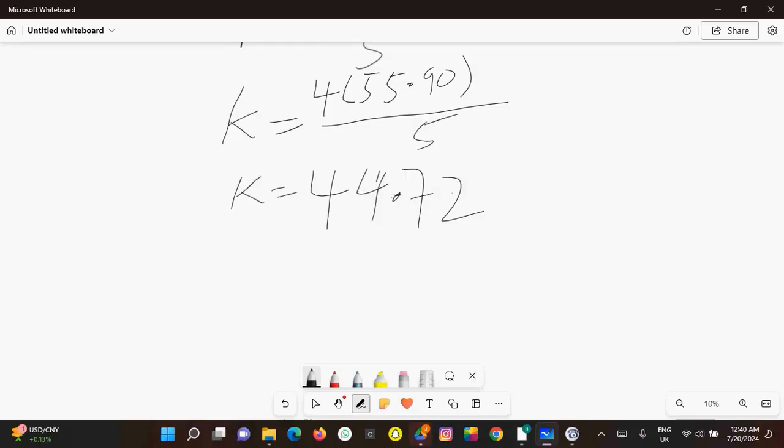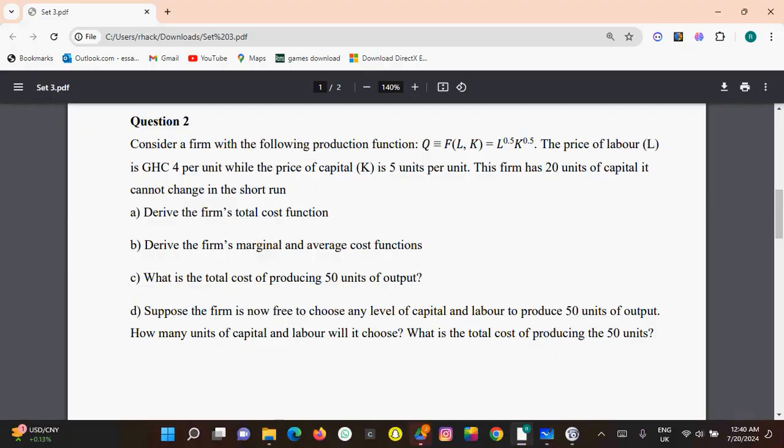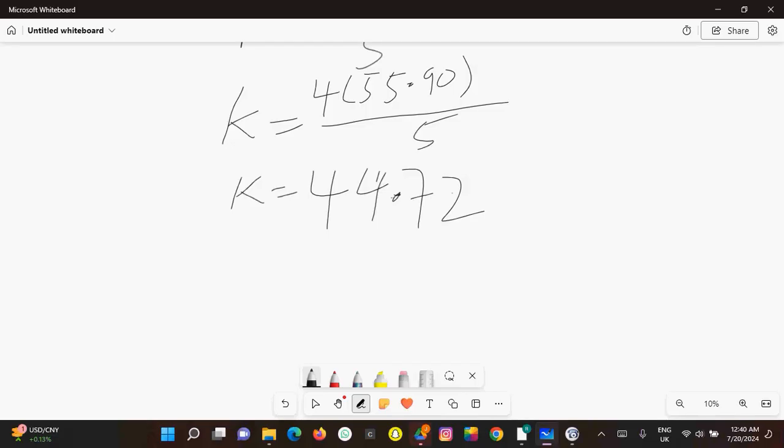That would be for K. So the question was: how many units of labor and capital will the firm use? So the firm will use 44.72 units of capital.